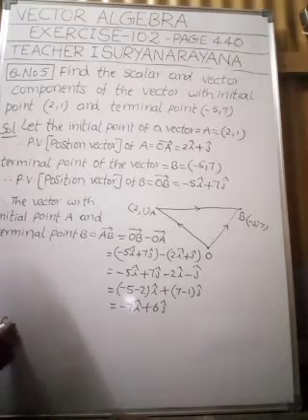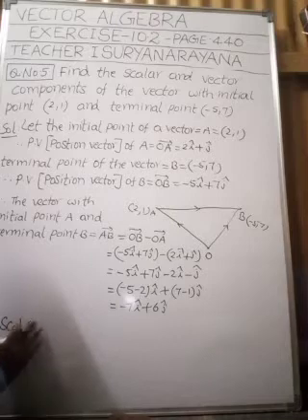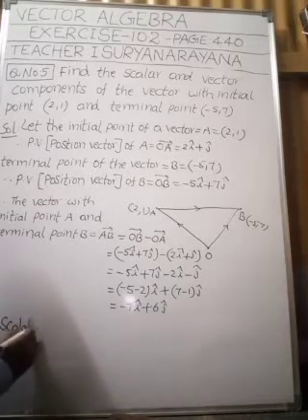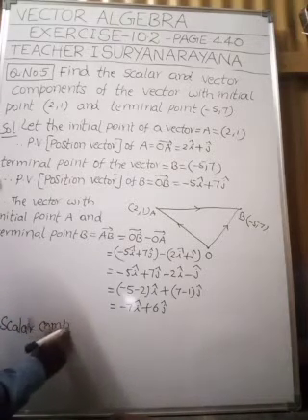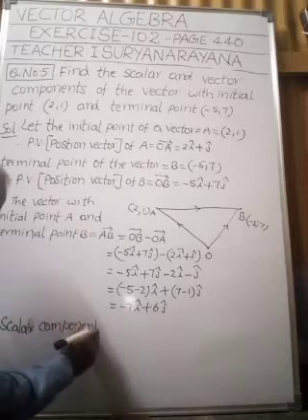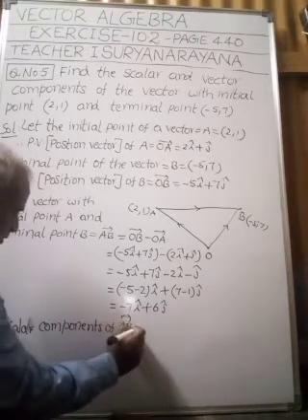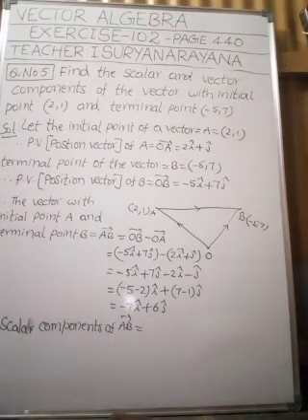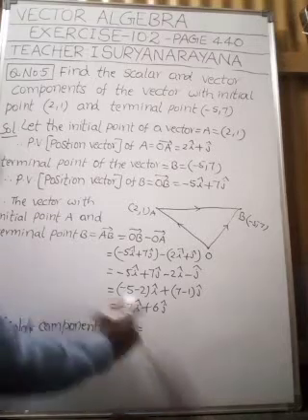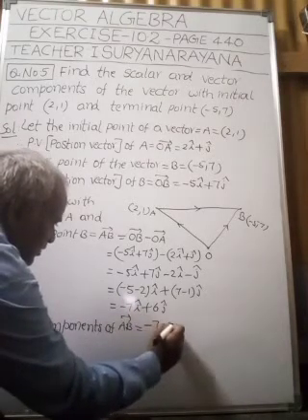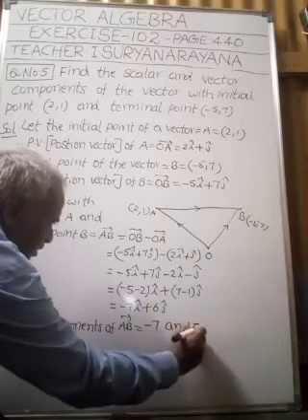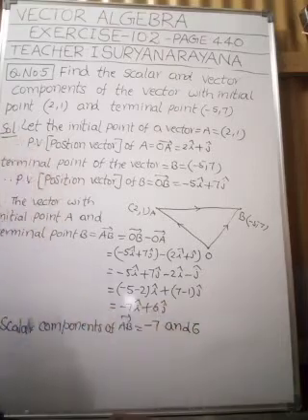Therefore, scalar components of AB bar are nothing but the i cap coefficient and j cap coefficient. Okay, my children. So minus 7 and 6. Minus 7 and 6 are said to be scalar components of AB bar.